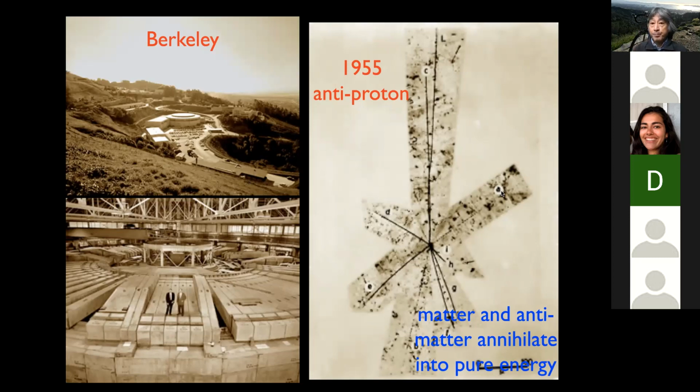I guess the resulting pions, are they matter particles or are they like massless excitations? Yeah, so the pions that are seen here are charged particles with spin 0. So you have both pi plus and pi minus created in this picture, and they are described by a complex Klein-Gordon field.